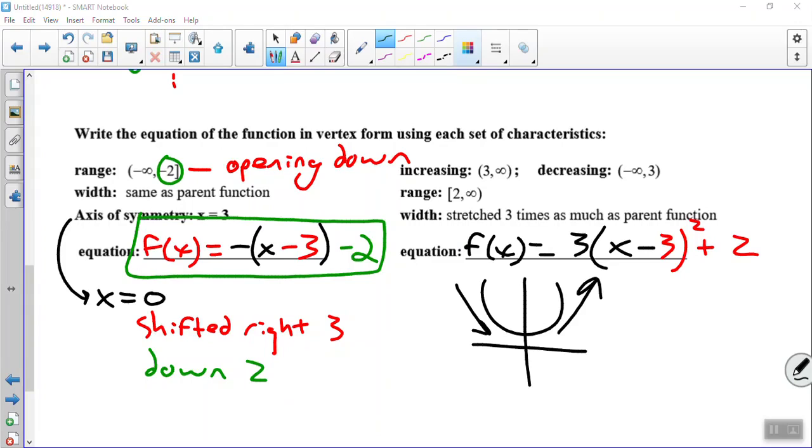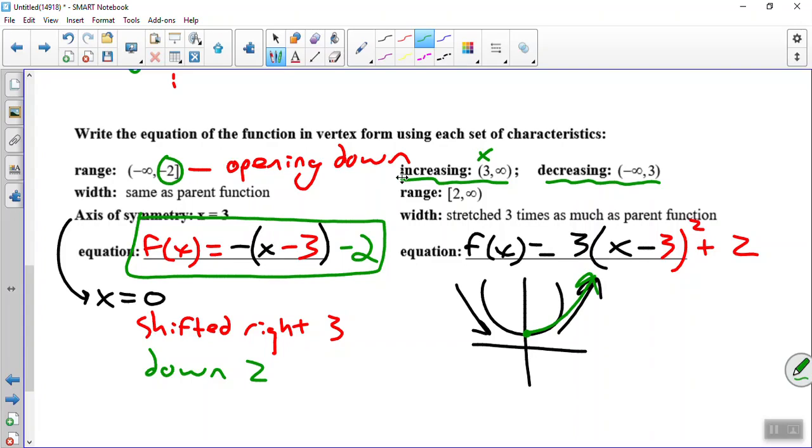Okay, so I threw these at you. We didn't talk about these when we were graphing the transformations just at the beginning. So remember, if it's increasing from 3 to infinity, this isn't 3, but it's just an example. Okay, that means I'm going up from the vertex to infinity. Okay, and remember, increasing is the x values.